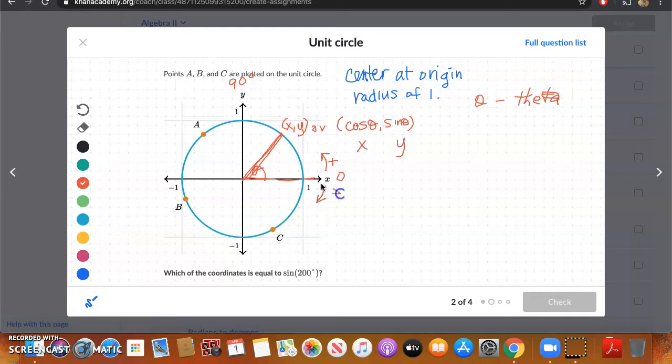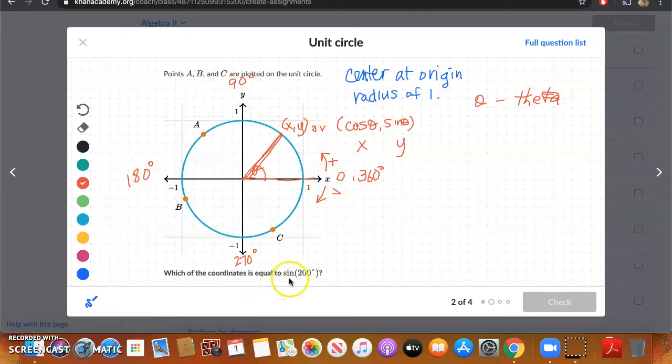Since they're talking about 200, we go positive. So 0, 90, 180, 270, and a full circle takes us all the way around to 360.